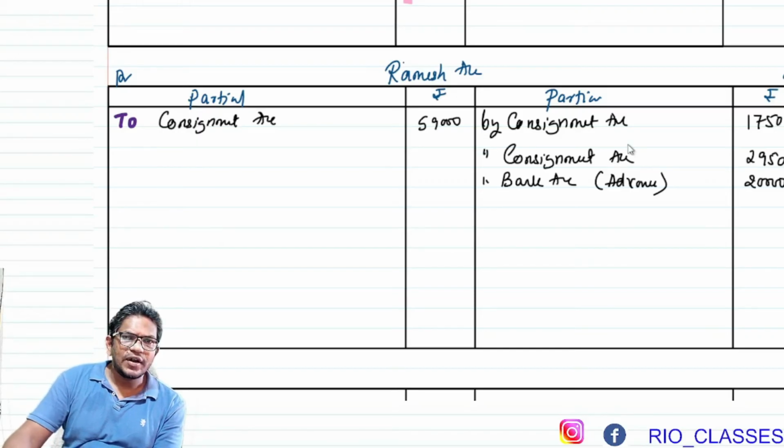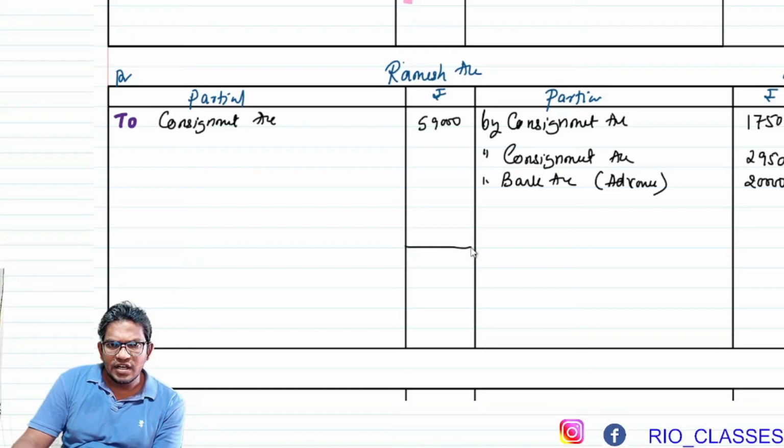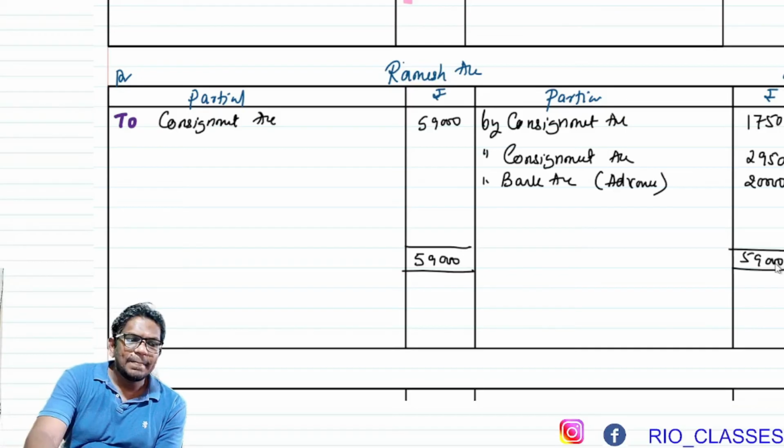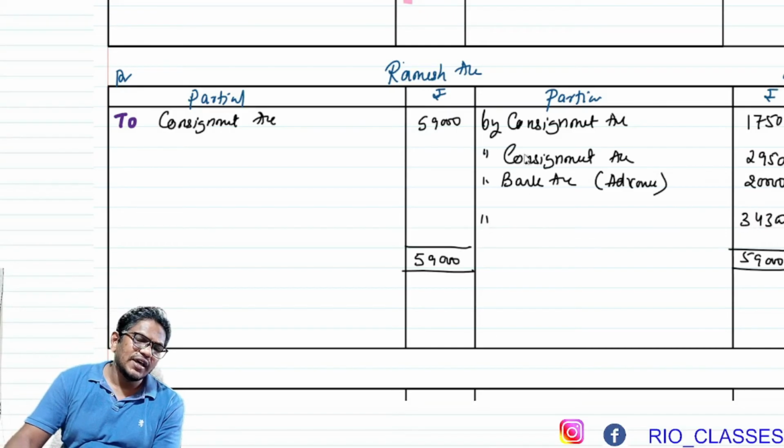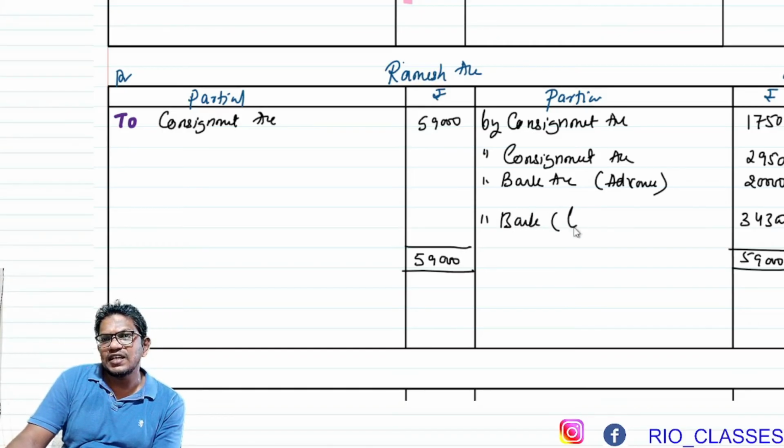First make a total on the credit side. How much is it? 59,000. Bring that amount to the debit side, 59,000. Minus it. It is 34,300. My dear student, this amount is nothing but bank account, because he has the balance here, settling it, right? Balance you can say received.